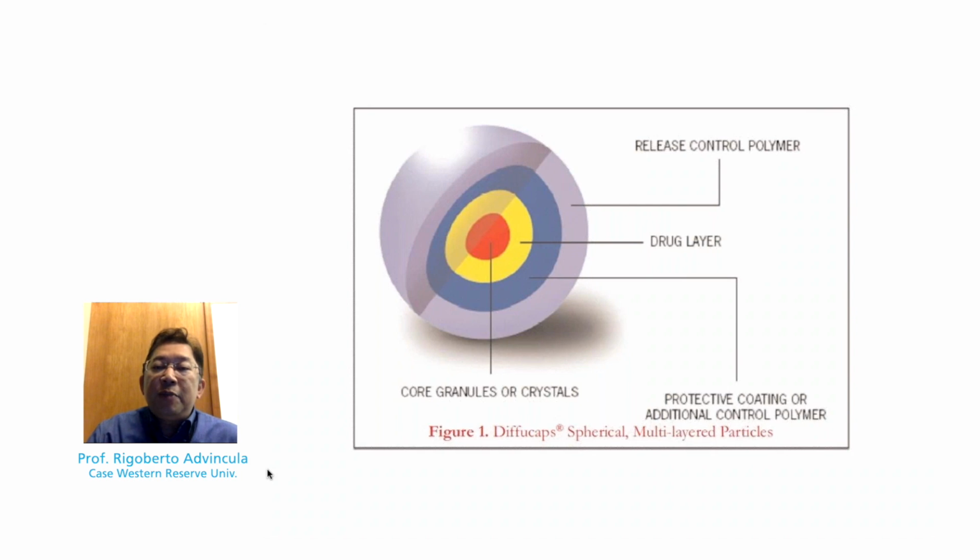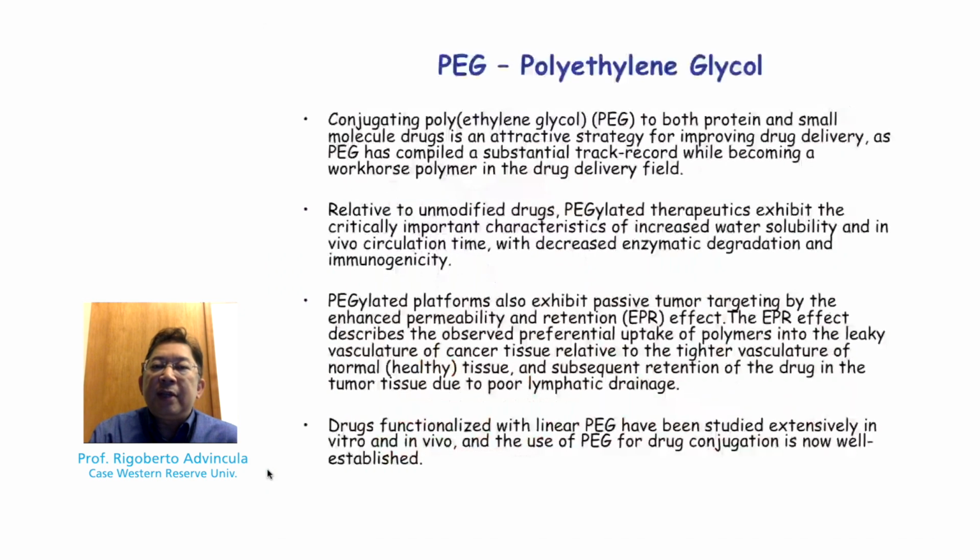So encapsulation means that you have a protective coating layer which allows the diffusion or release of the drug from the core over time. And therefore, encapsulation technologies, or making polymers used for encapsulation in microparticle sizes, is an important aspect of polymers in medicine.